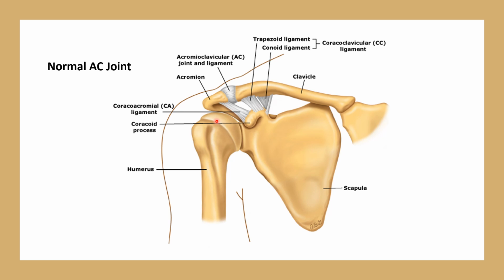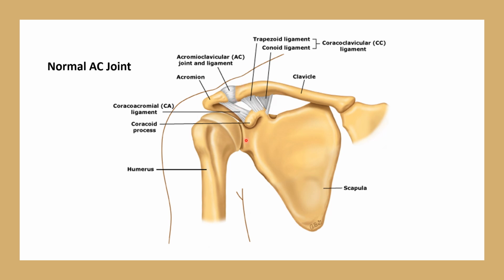And ligaments attach muscle to bone. No, I take that back. Ligaments attach bone to bone. Tendons attach muscle to bone. So these ligaments attach bone to bone. So the acromioclavicular joint and ligament is keeping together the acromion process of the scapula and the acromial end of the clavicle.